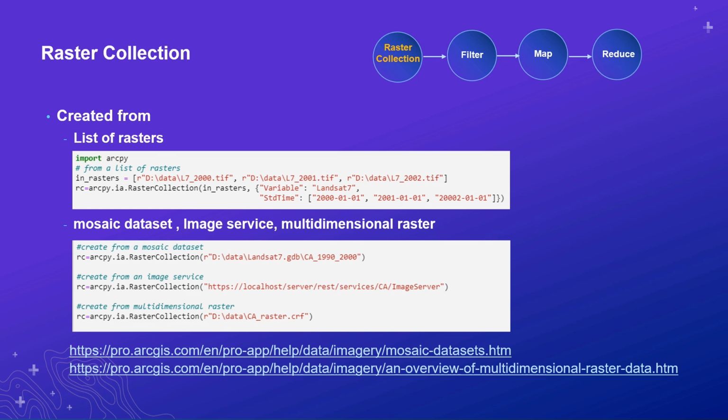Then you create the raster collection directly from the mosaic dataset. And of course, you can create from an image service or a multidimensional raster. For more information about the data model, mosaic dataset, image service, and multidimensional raster, I have help links you can check out later.